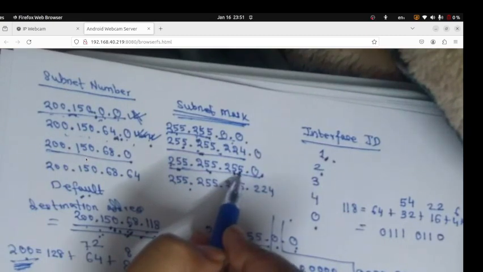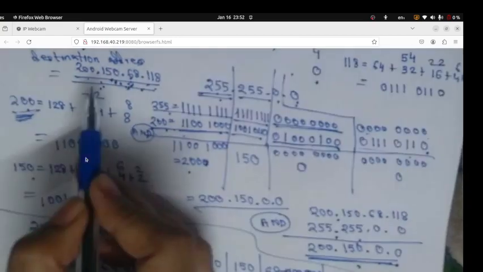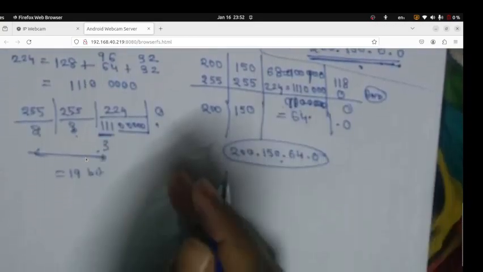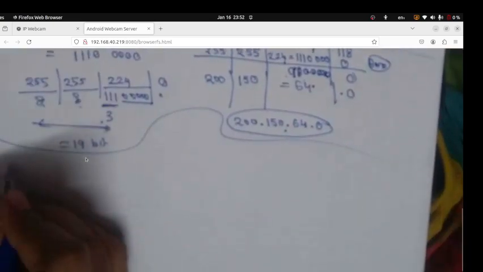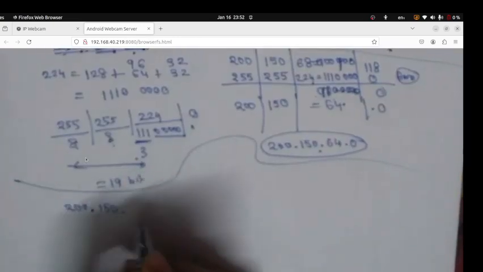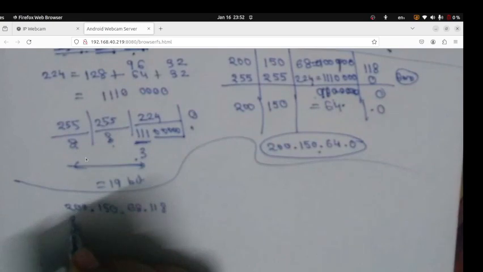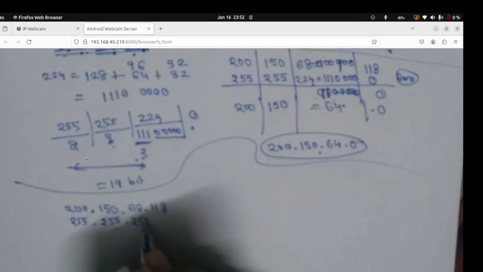Now I have to check what network address we extract if we do the bitwise AND operation with the destination address. So what was the destination address? I'm writing the destination address: 200.150.68.118, and the mask is 255.255.255.0.